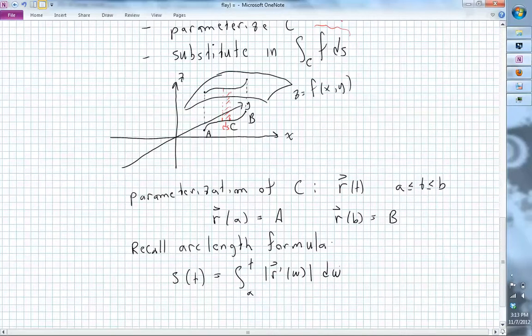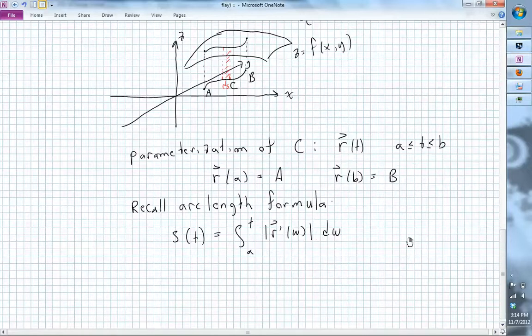I'm not disappointed if it just doesn't pop right out of your head, but remember how this arc length thing works. You take little magnitudes of velocity and you add them up to get the displacement from A to T. I'm not so much interested in that guy as I am in the derivative of this guy.